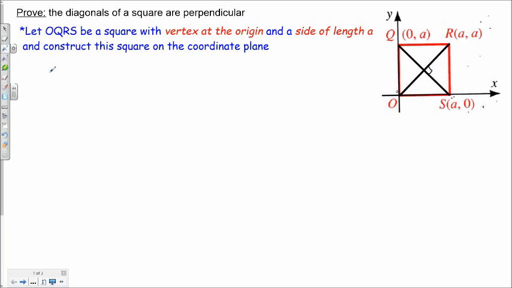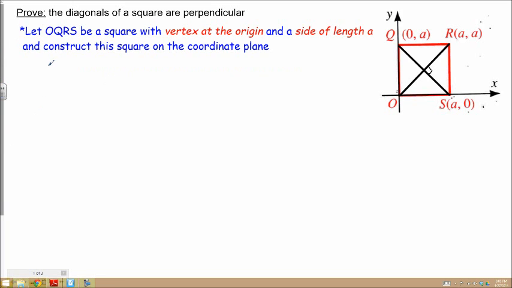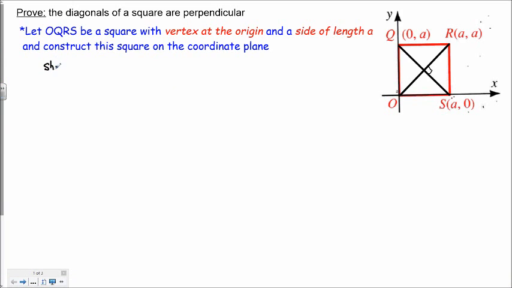Well, recall that in order for lines to be perpendicular, their slopes are negative reciprocals, so that the product of those slopes is -1. So my goal is then to show that the slope of diagonal QS times the slope of diagonal OR is equal to -1.